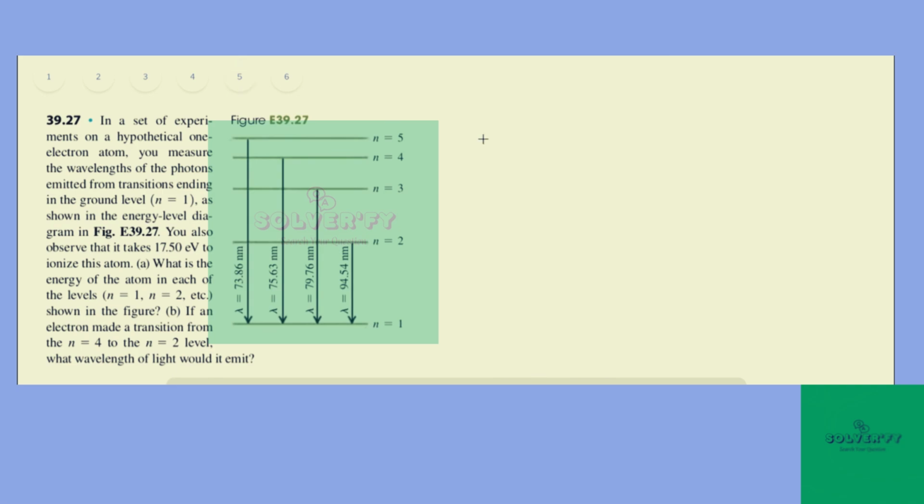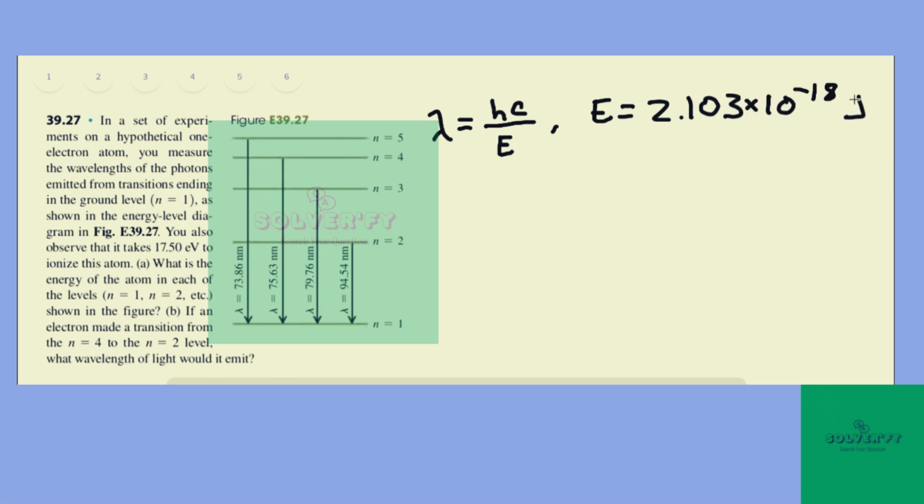So let's rewrite this. We have lambda is equal to hc over E, and we have E is equal to 2.103 times 10 to the negative 18 joules.